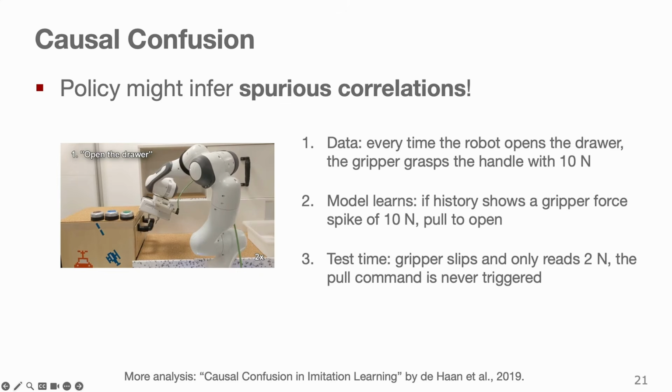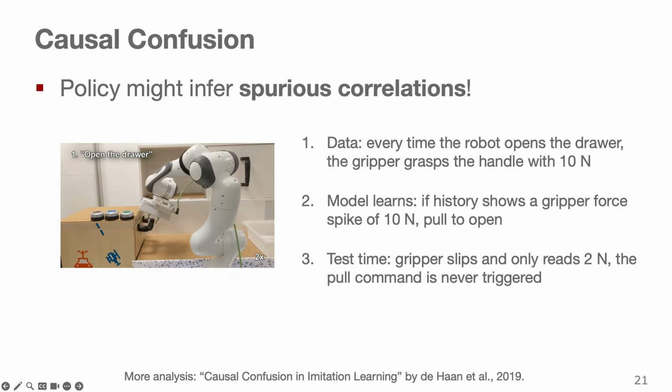The issue is that when we give a high-capacity model access to the entire history of observations, sensors, and actions, they typically have a tendency to infer spurious correlations. Because it's essentially looking for the easiest way to minimize the loss, it doesn't always identify the right causal path.